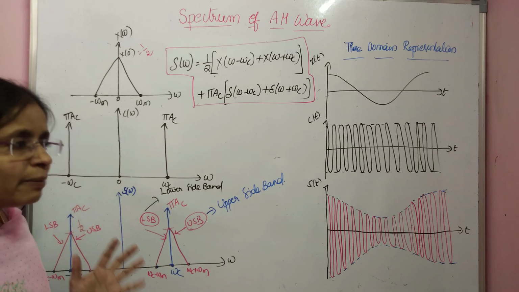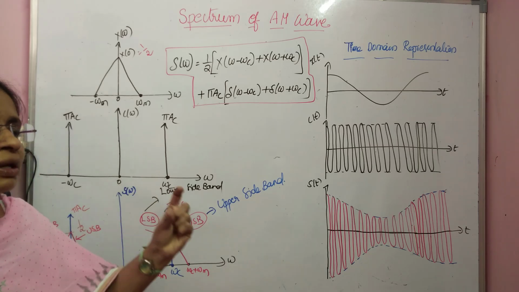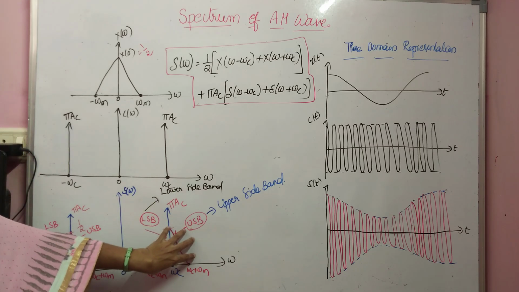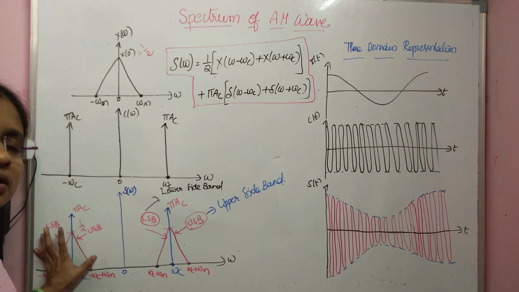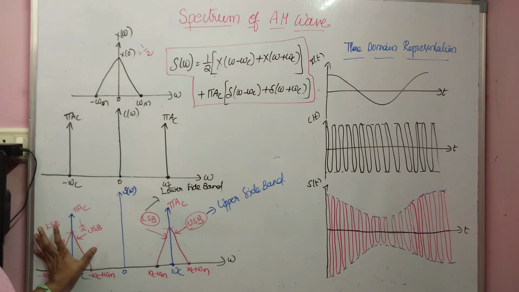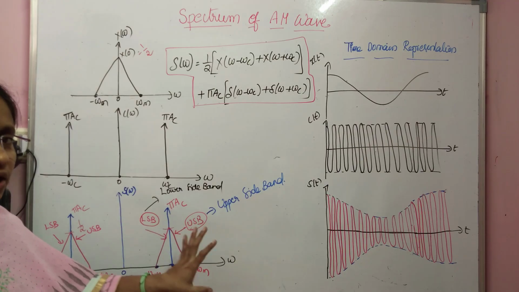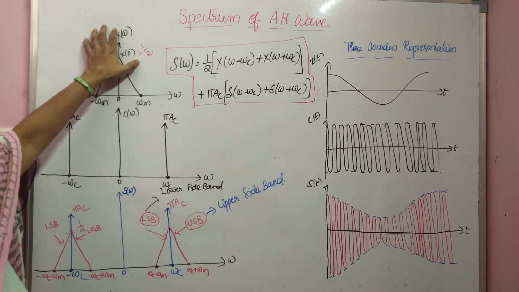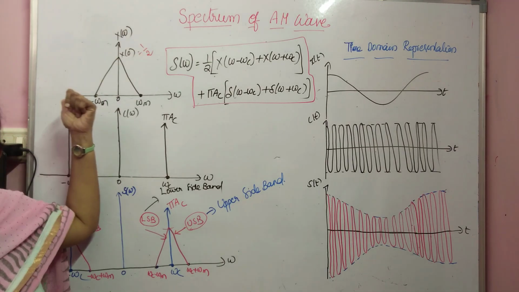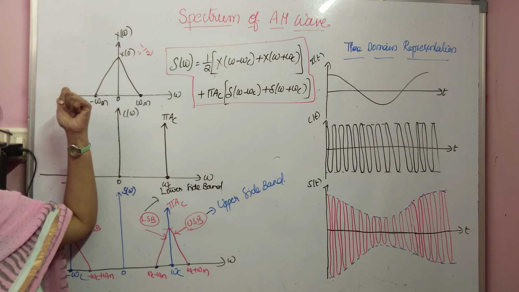Now if you observe the spectrum, you have the message signal only at this portion. Because we are not going to consider this while calculating the bandwidth or the power, etc. We will consider only this. Actually, there is no negative frequency in the message signal also.